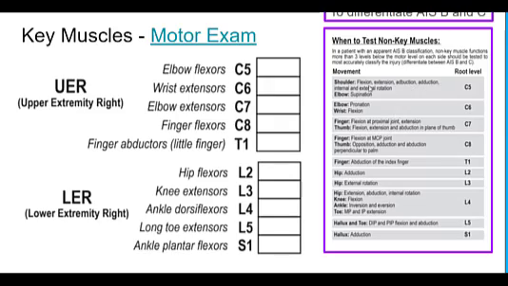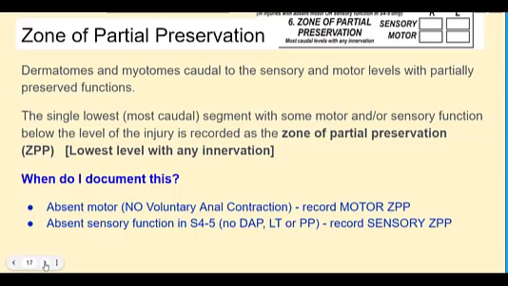Okay, so that's when you're going to go and test the other shoulder, elbow, wrist, finger, and thumb for the upper extremity, and so on for the lower extremities to see if we have motor function 3 levels below that neurologic level. So the zone of partial preservation is the last portion.